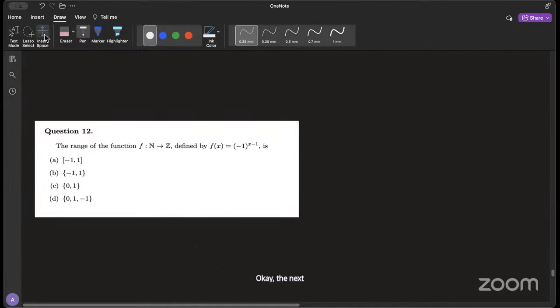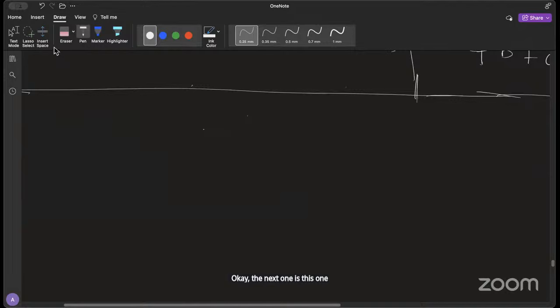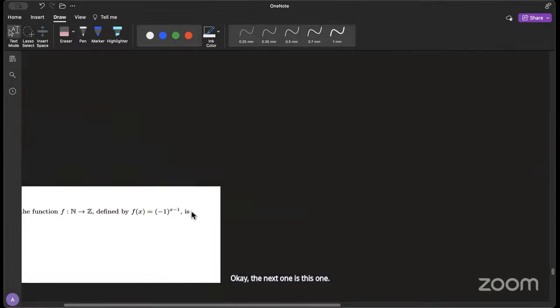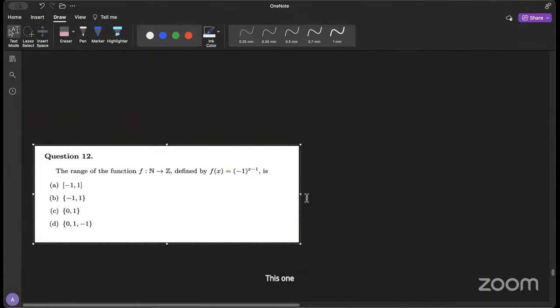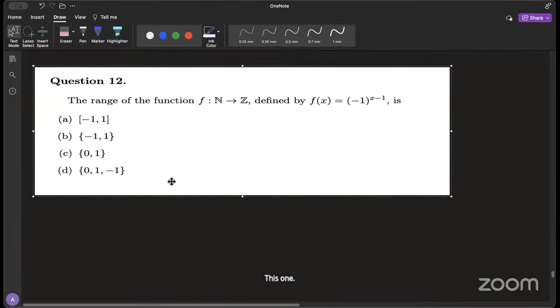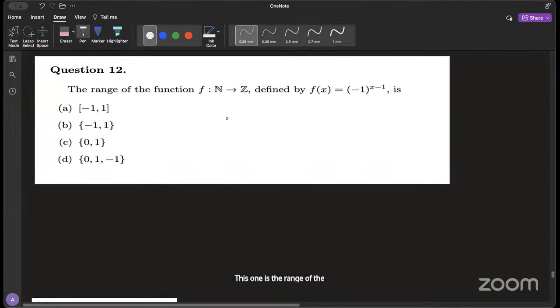Okay, the next one is this one. This one is the range of the function. You have to find the range of this function defined by this thing. So the range should be: you have -1 and then something to the power of this.